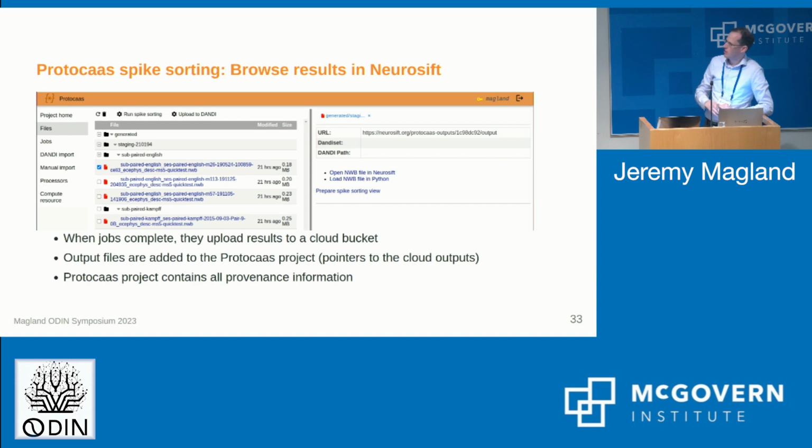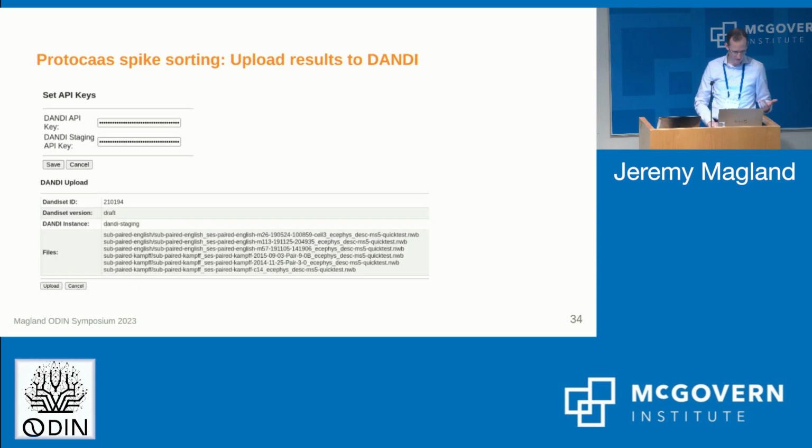You then have the ability to view it, interact with it, and maybe even run it through your pipeline. Once you're satisfied that this output is worthy of sharing on DANDI, you click Upload to DANDI. You provide your DANDI API key, and then just click Upload.